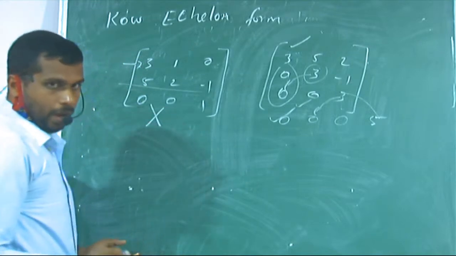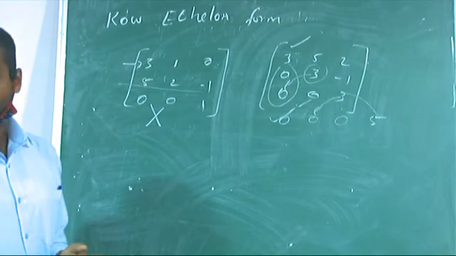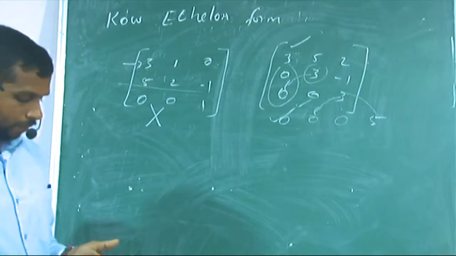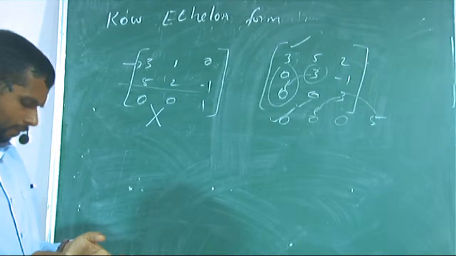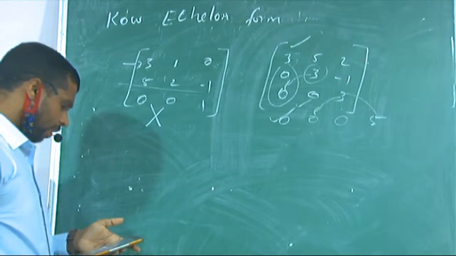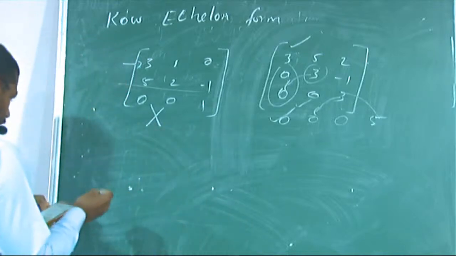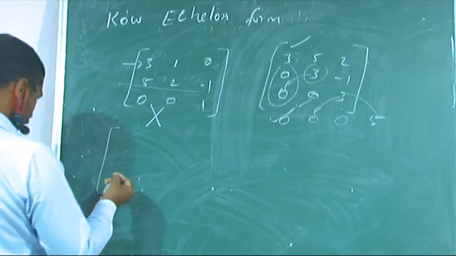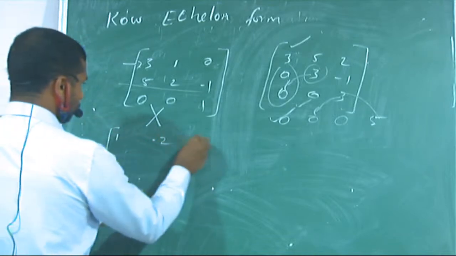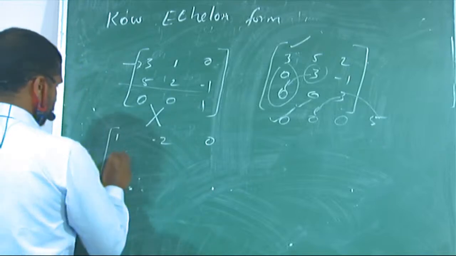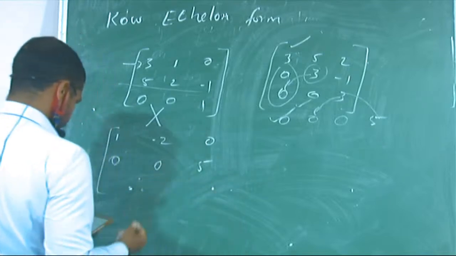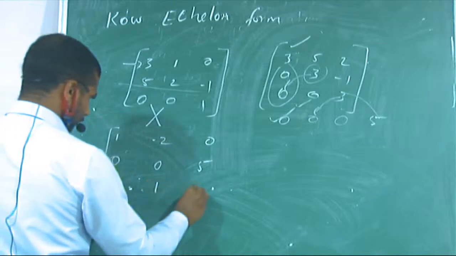Okay, I hope you have understood how to identify the row echelon form. Now there are some examples also. First one, what is the example in your book? A 3 into 3 matrix set: 1 minus 2 0, 0 0 5, 0 1 0.